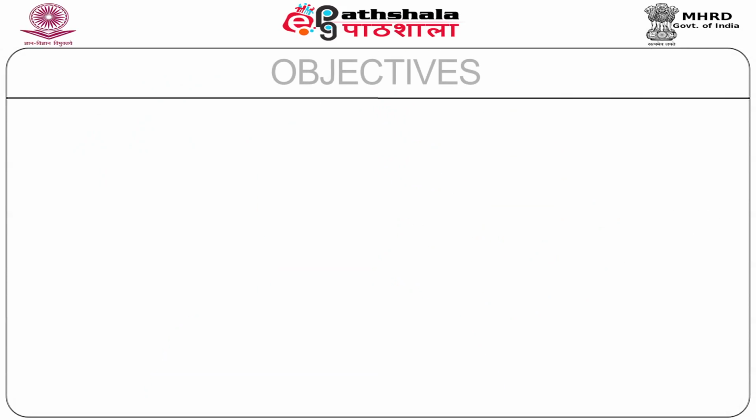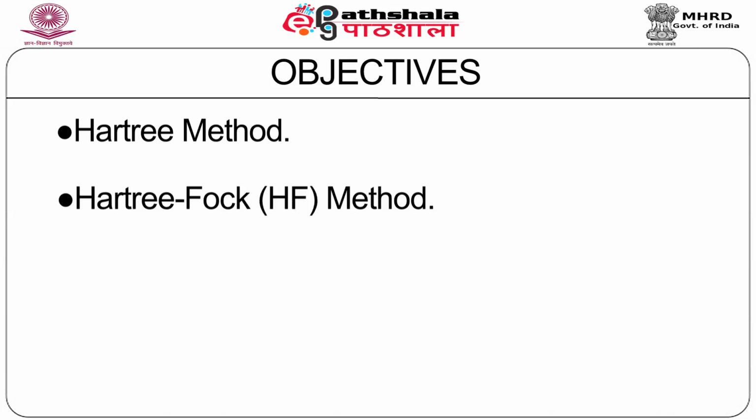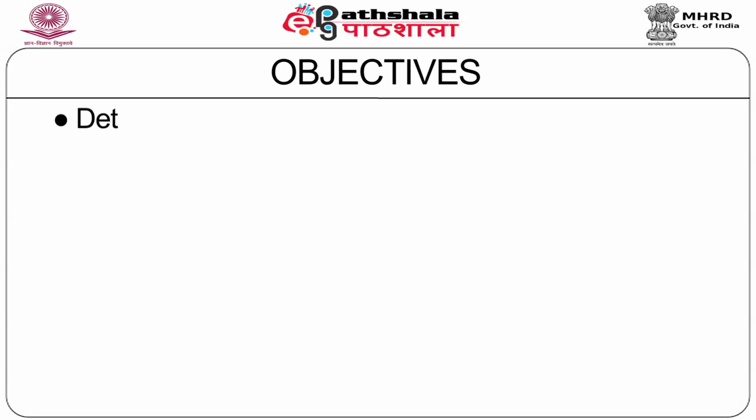The objectives of today's lecture are the following. In the previous lecture, we talked about the Hartree theory. In the present lecture, we will discuss another single electron theory, namely Hartree-Fock theory. This relies on the determinantal form of the wave function.